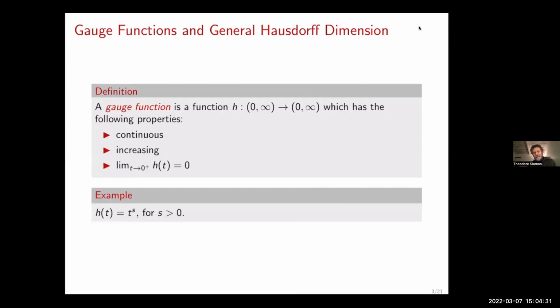If you think of things happening as you come in from right to left, as the argument decreases, it's a function that is continuously and monotonically going to 0. And the classical examples of such functions are the power functions. You take a power s greater than 0, and let h of t be t raised to the power s.